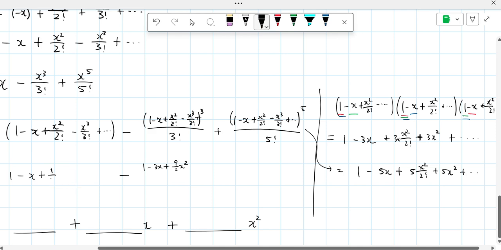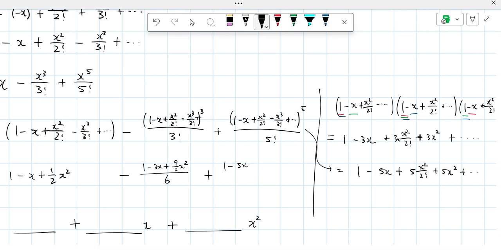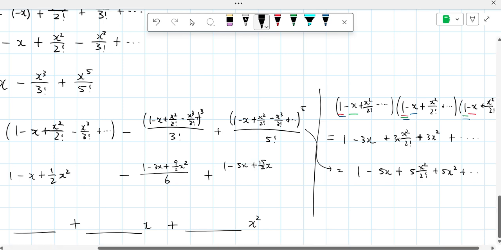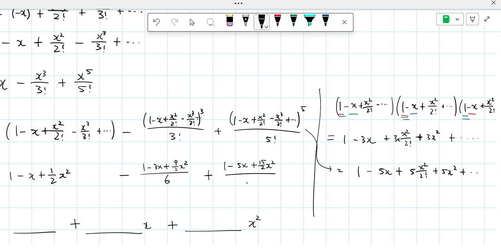So fix this one. Divided by 6 plus 1 minus 5x. 5 over 2 plus 5. 15 over 2. Divided by 5 factorial. What's 5 factorial? 120.